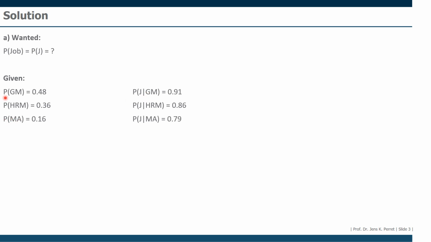And for each study program, we have the probability that someone will actually study in it. If we look closely, we see that those shares add up to 100%. We can also assume that someone only studies in one study program, else they would add up to more than 100%.